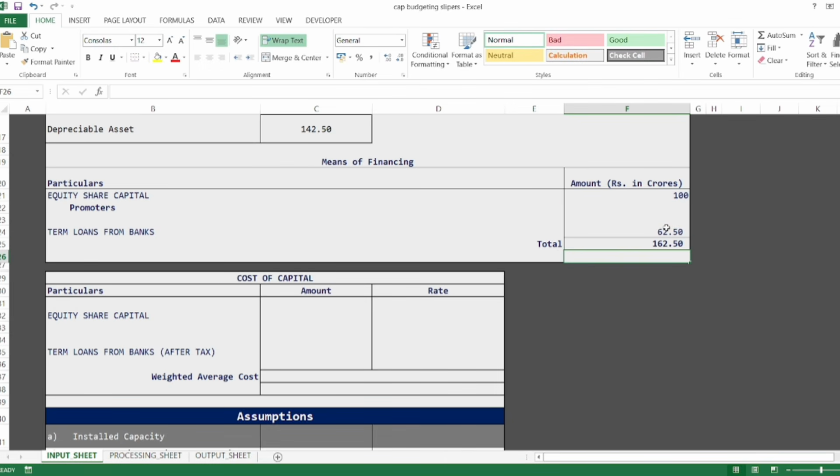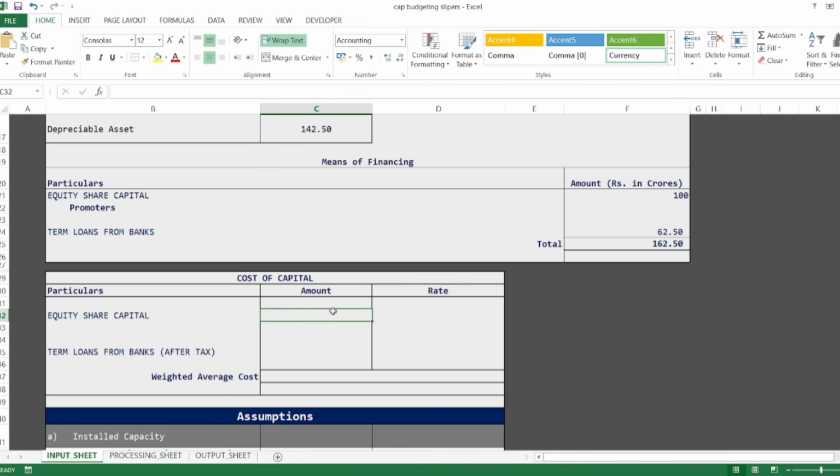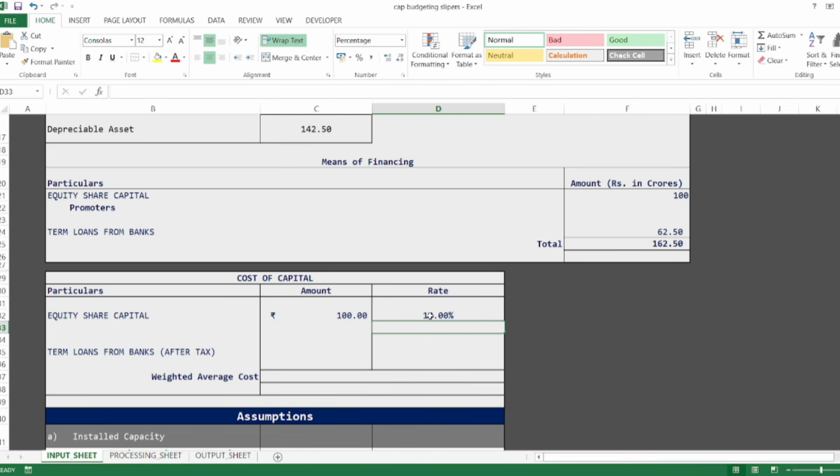Then moving to the next part, that is cost of capital. We have to write equity share capital. The amount is 100 and the rate that is given in the question is 18%. We'll rename the cell as equity.